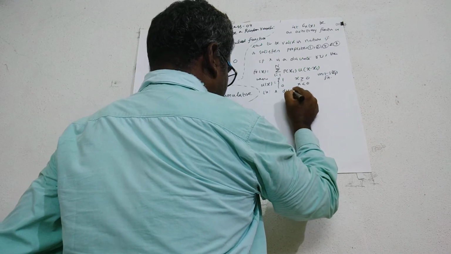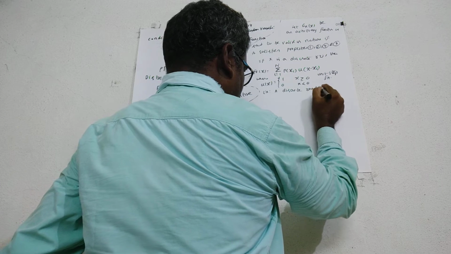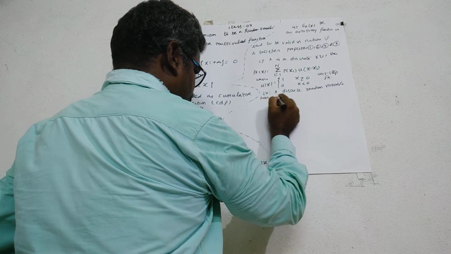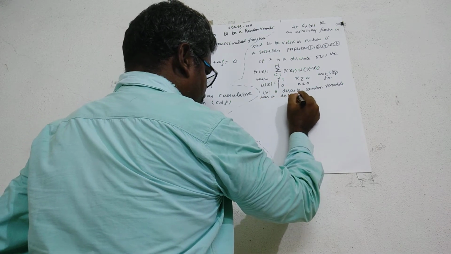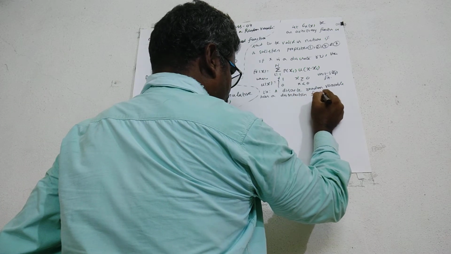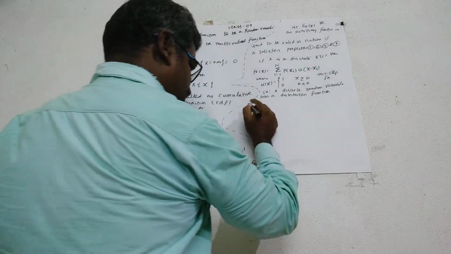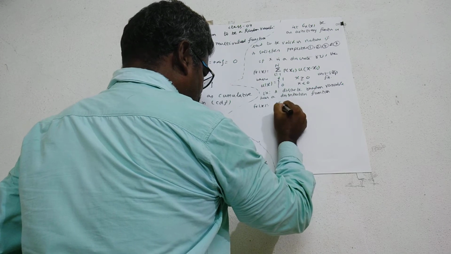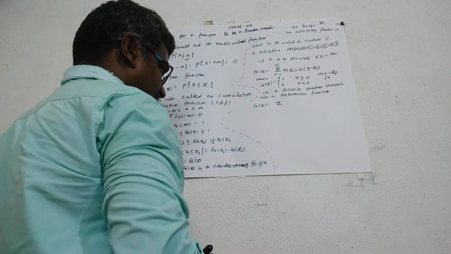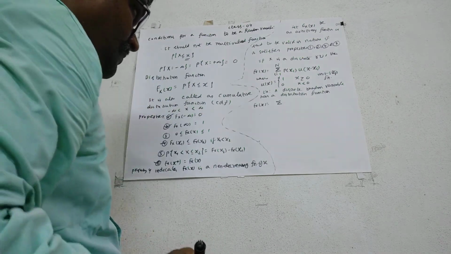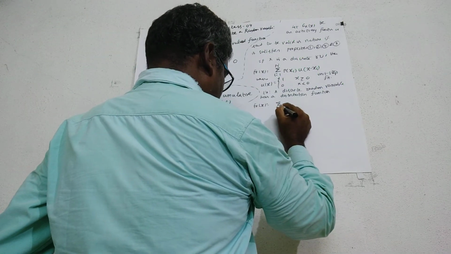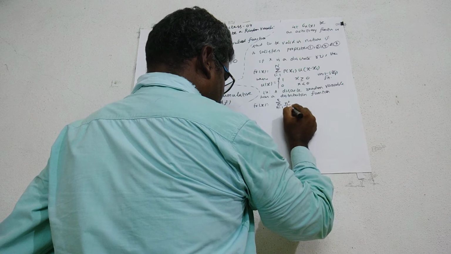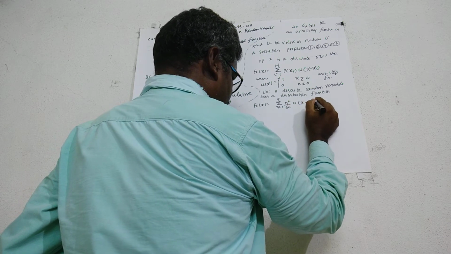A discrete random variable has a distribution function which is given like this here. Fx of x is equal to the algebraic summation from n equal to 1 to 5 of n square by 60 into u of x minus n.